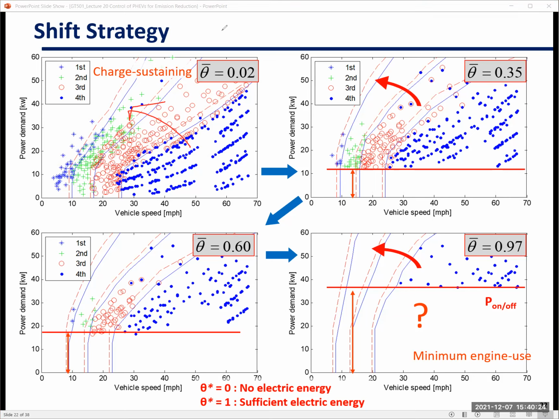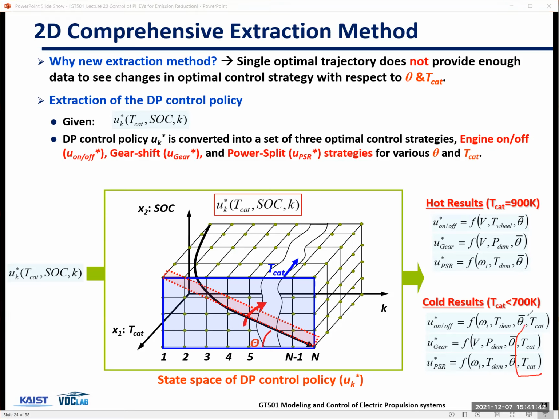Okay, so that was hot results, meaning that we didn't really care about converter temperature. But for cold start control strategy, we need to somehow analyze how DP operates during cold start. So we included this converter temperature and see how these strategies change as a function of converter temperature.